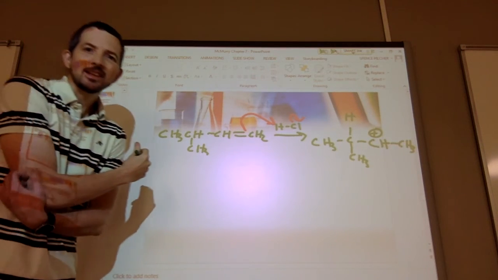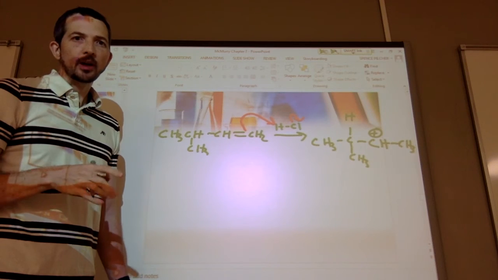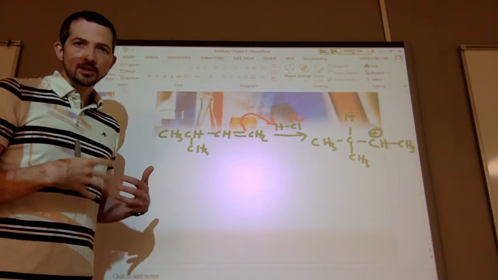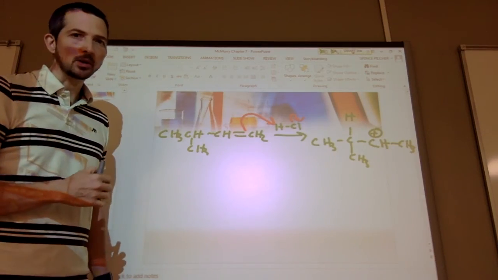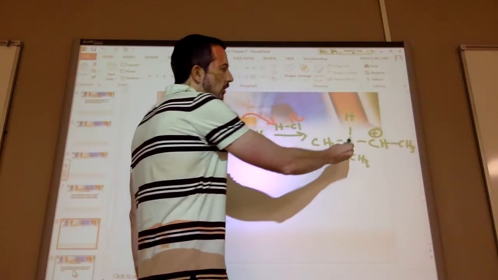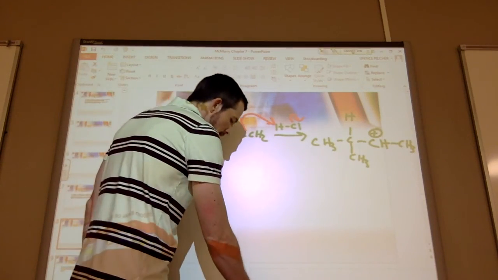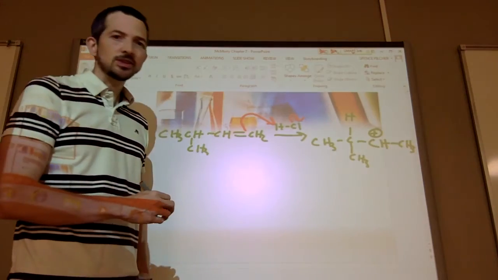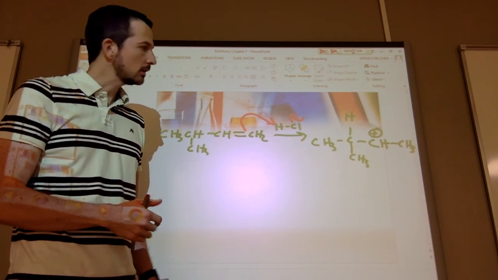So I have this intermediate, which is a secondary carbocation. So when you see a rearrangement is when an adjacent position is more substituted. So like in this case, I have a secondary carbocation, but the carbon right next to it is a tertiary carbon. So what you see, it rearranges to form a more stable carbocation.